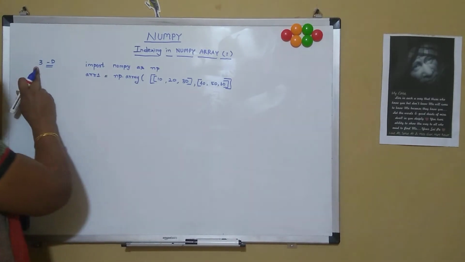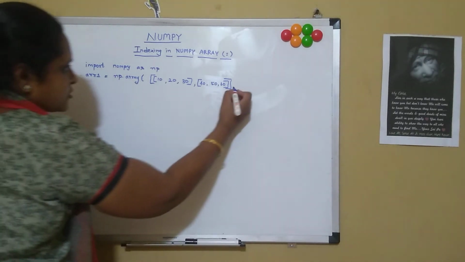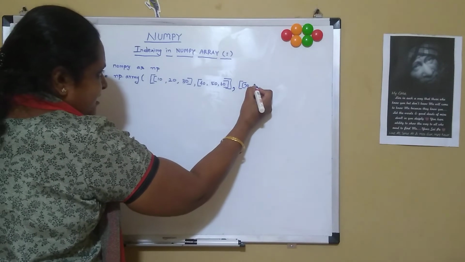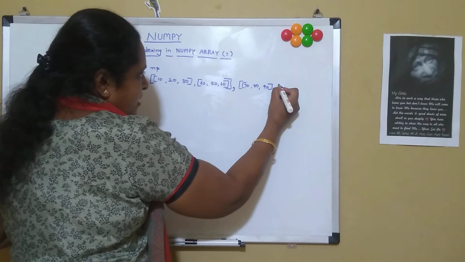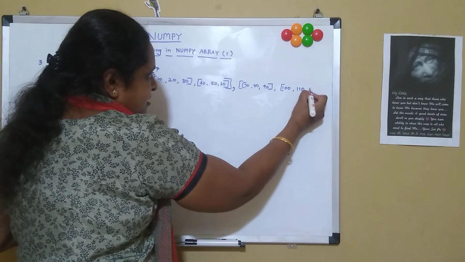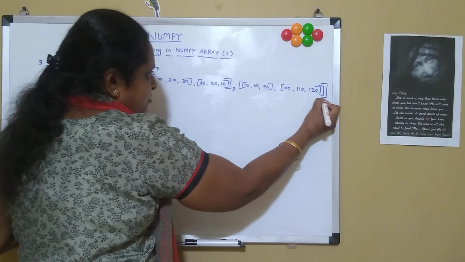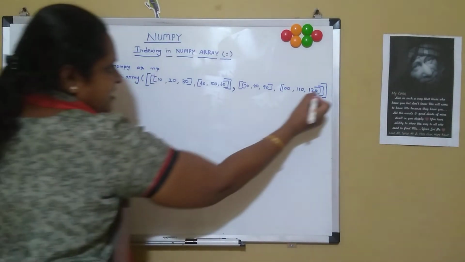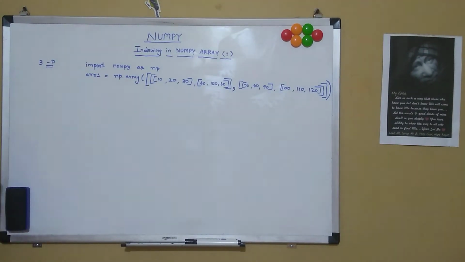Since a 3D array is an array of two-dimensional arrays, we have to have more than one two-dimensional array. So let me take 70, 80, 90 and then 100, 110 and 120. This whole thing will be enclosed in the outer square brackets to form a 3D array. So this is my 3D array.